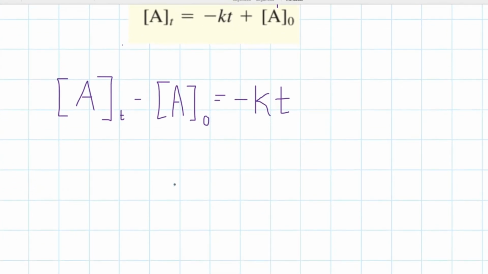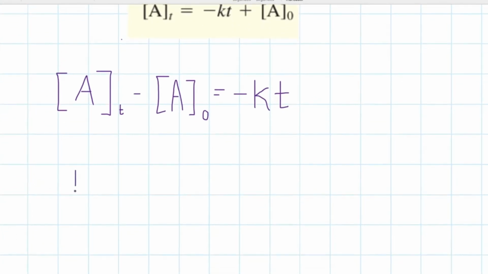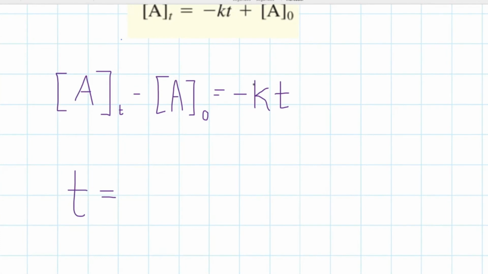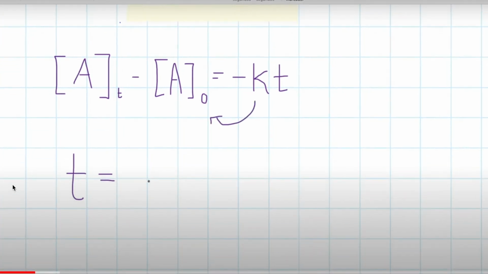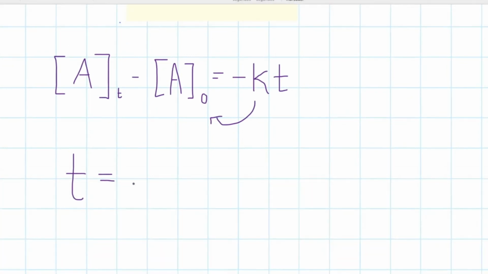Okay, we're almost done. Solving for T, then we have T. K is multiplying T, so K will be dividing these things right here.